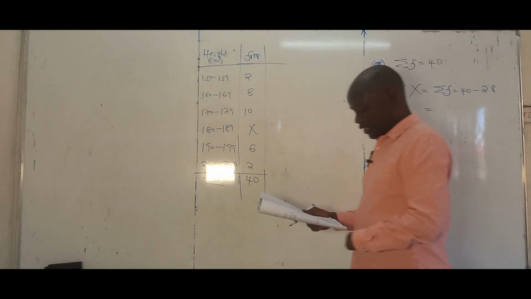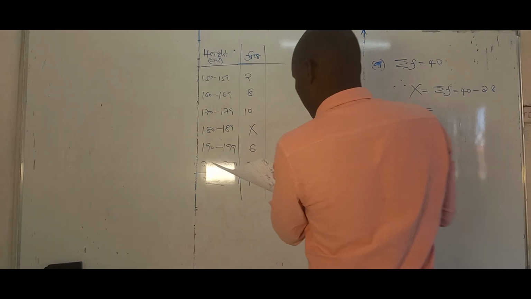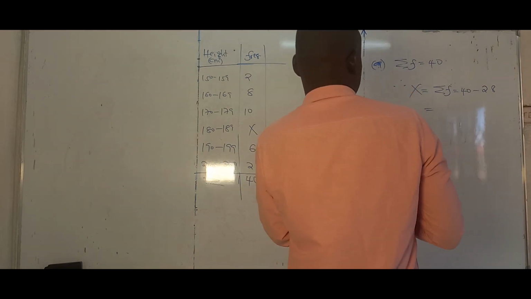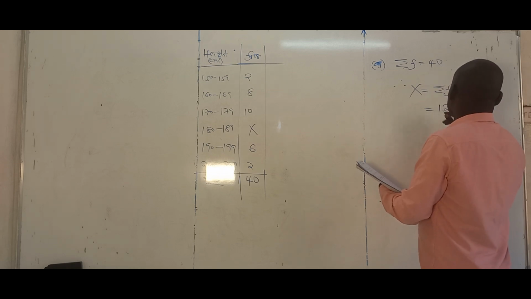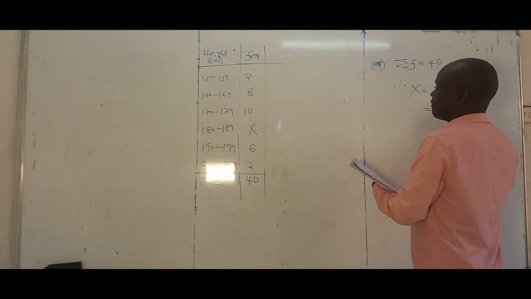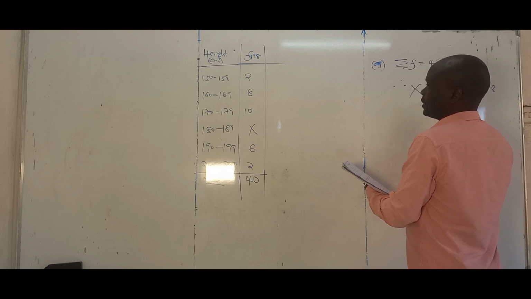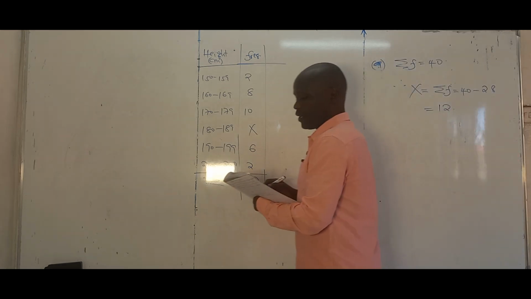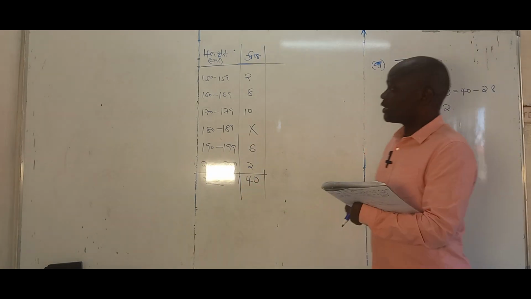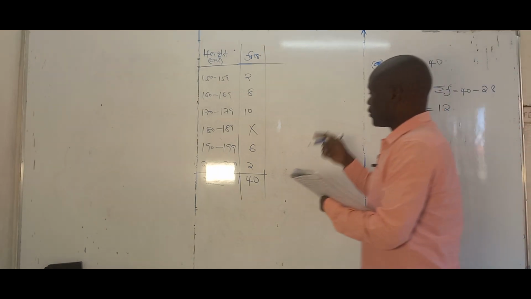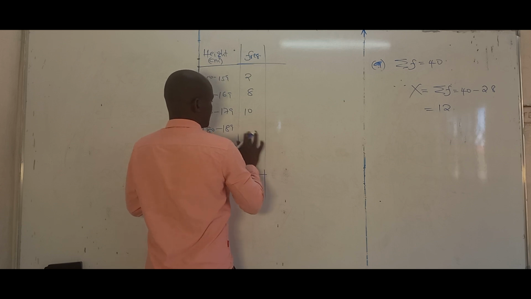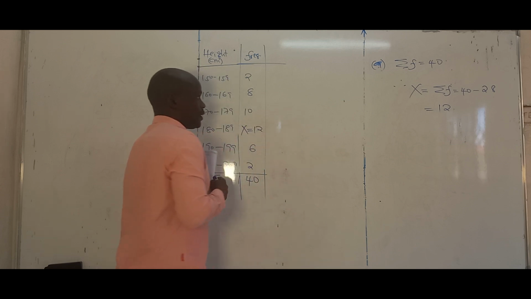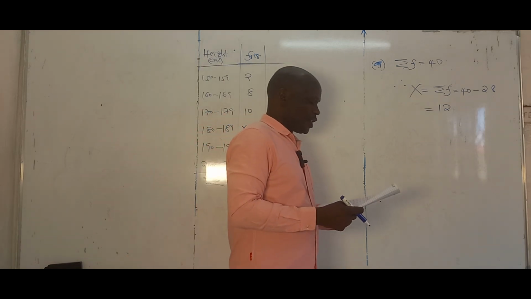So 40 minus 28, we get 12. So x is 12. That is the first value that we get, and we can substitute it here, or just leave it as such. But we see x is 12. We already found it.